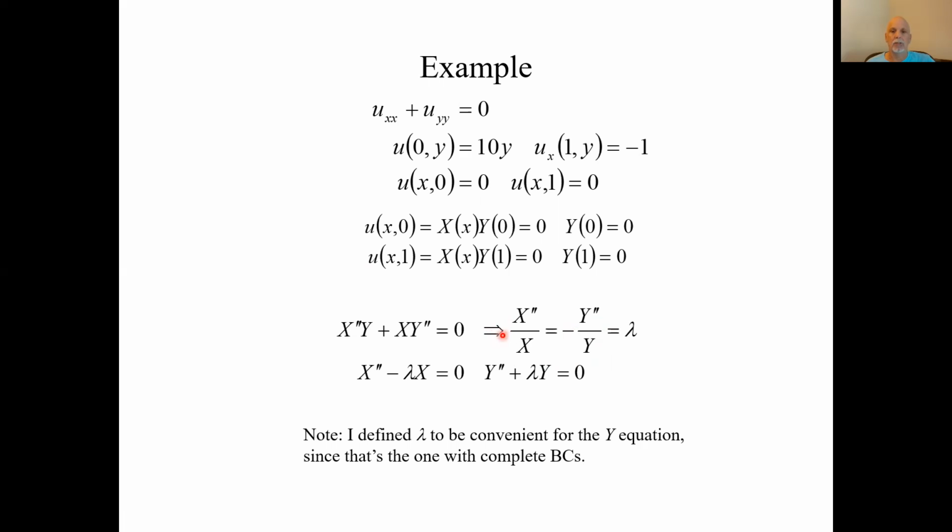I could put the negative sign on either side, but I'll put it with the y side. If I set my separating constant to plus lambda, I get this equation in y, and I have complete boundary conditions, so I can do the eigenvalue problem on y in this case. That's why I used a plus lambda as a separating constant when I put the negative sign with the y's.